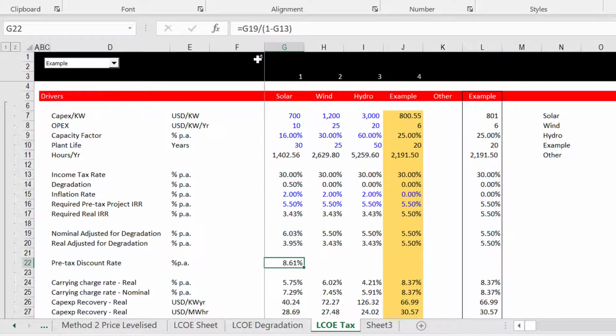And this higher discount rate is because, for example, if I'm earning 7.86 pre-tax, and then I multiply that by 1 minus the tax rate, okay, well, I better get a 5.5.